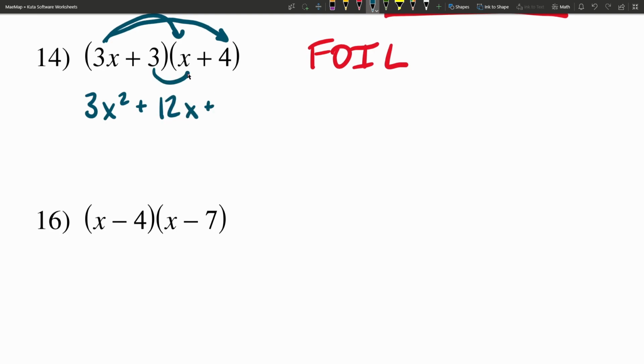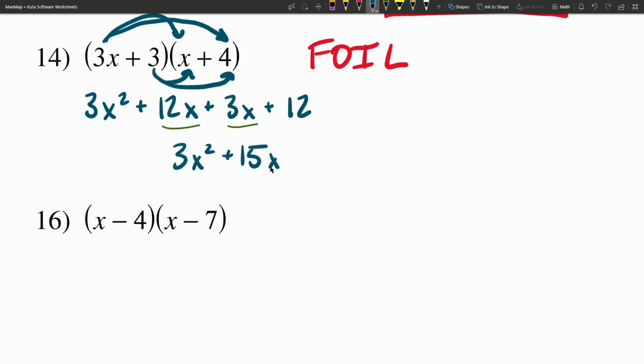Add that to our inside, 3 times x, which is 3x. And then finally add that to our last, 3 times 4, which is 12. Combining the 12x and the 3x, we'll get 3x squared plus 15x plus 12. That's our solution for number 14.